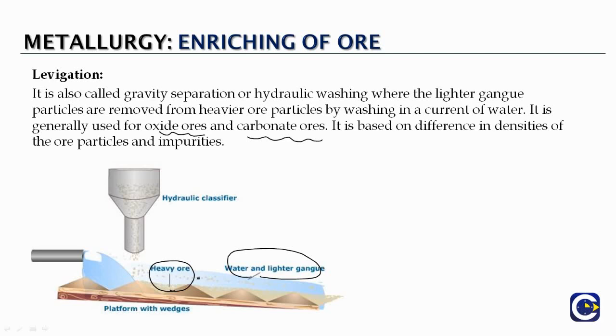In most cases of oxide or carbonate ores, the ore particles will be the heavier ones and the gangue particles will be the lighter, so that they can get carried away by the river flow or the water flow. So this is the levigation or the gravity separation. It's also called hydraulic washing.